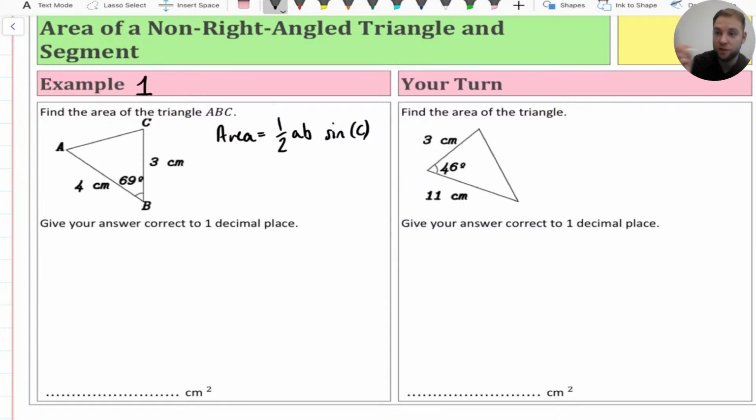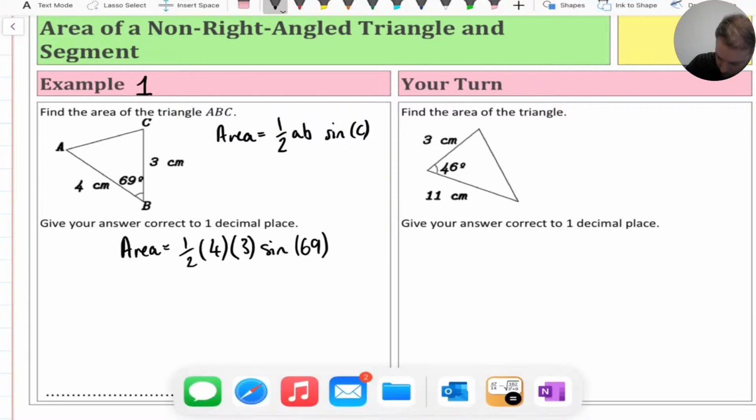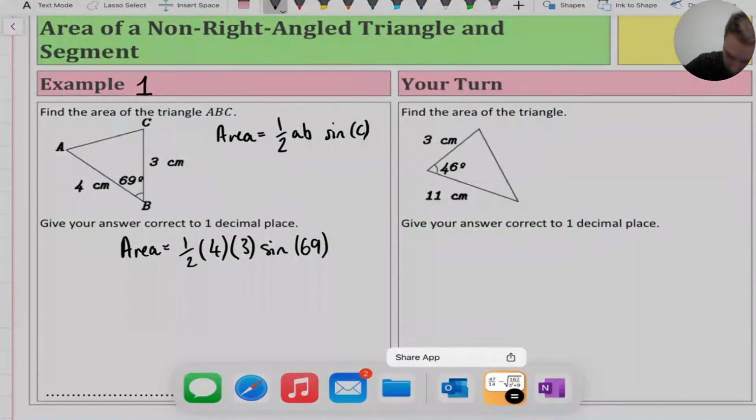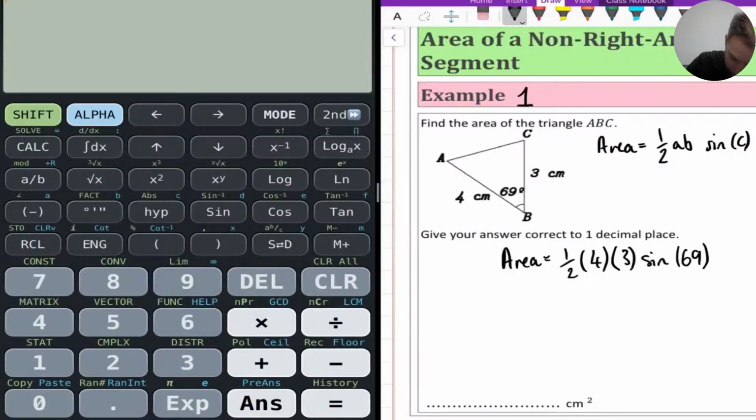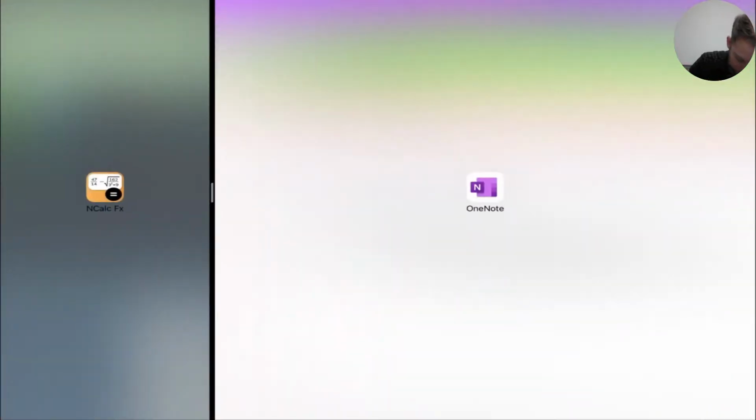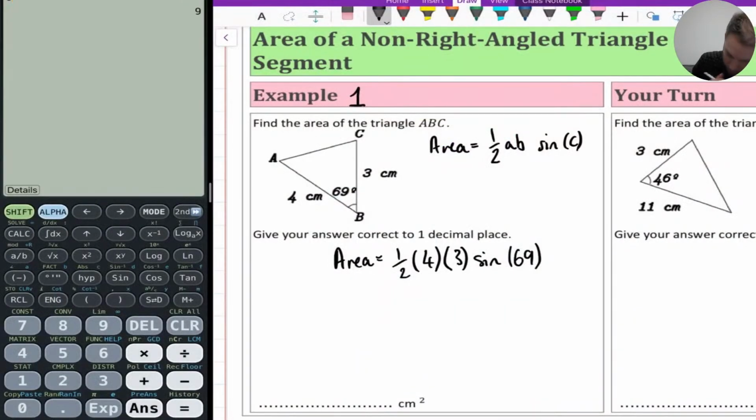Now, A and B in this case are the two sides and the angle in the middle. So the formula for this, the area is equal to a half times by, well, let's pick the left-hand side first, times by 4, times by 3, times by sine of 69. So, fraction 1 over 2, you could put 0.5 if you wanted to.